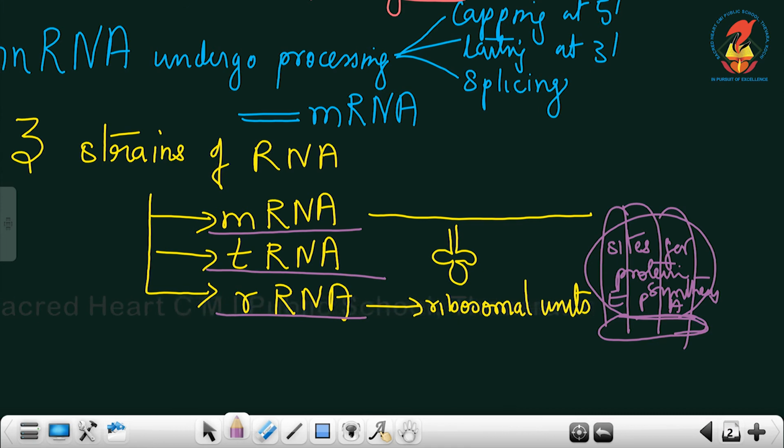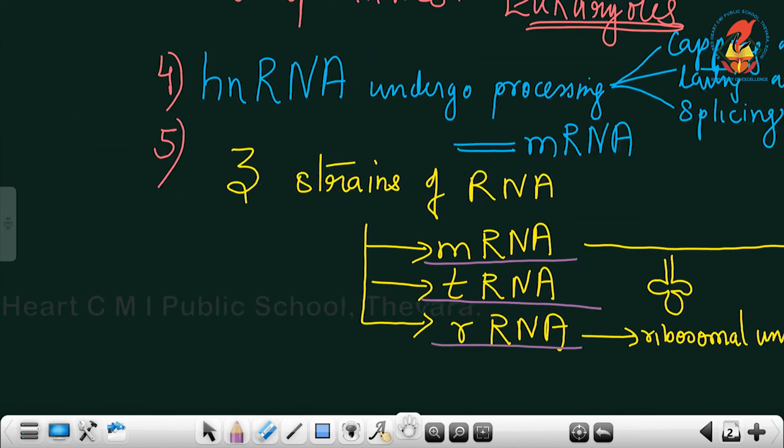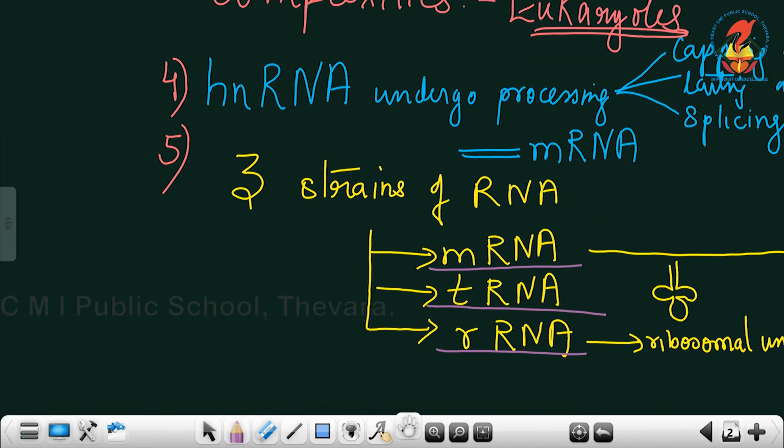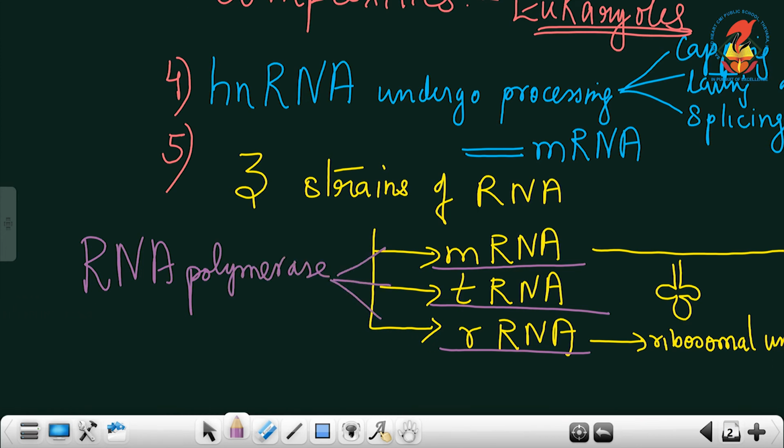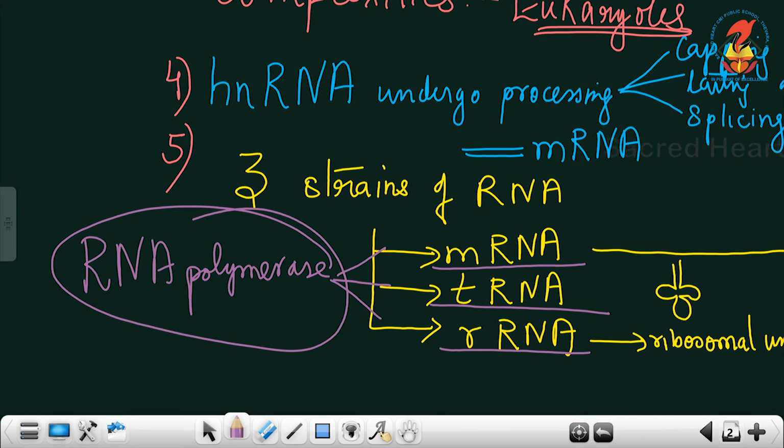Now coming to the complexity. In prokaryotes, only one RNA polymerase is required to synthesize all these 3 RNAs. The very same RNA polymerase is used to synthesize tRNA, rRNA and mRNA.